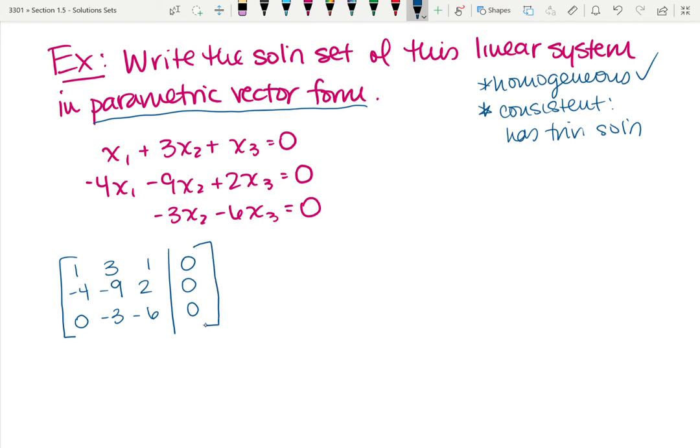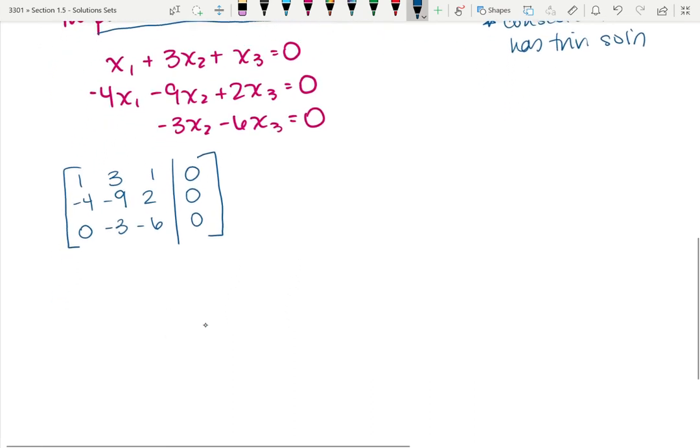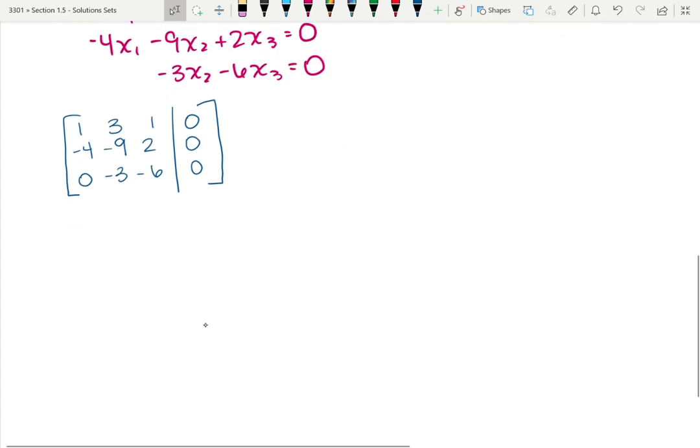You might have already noticed row reducing a homogeneous system is really nice because one of your columns is just going to be 0 the whole time. We already have a 1 right here, and we're going to use that 1 to clear out this -4.